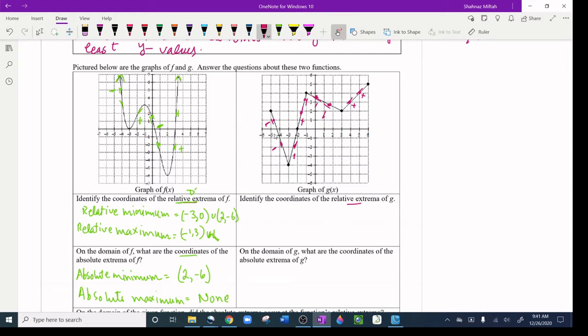So the relative minimum is (-3, -4), and also negative to positive at (3, 2). For the relative maximum, where I'm going positive to negative, it's (-1, 4), and that's the only maximum I have.